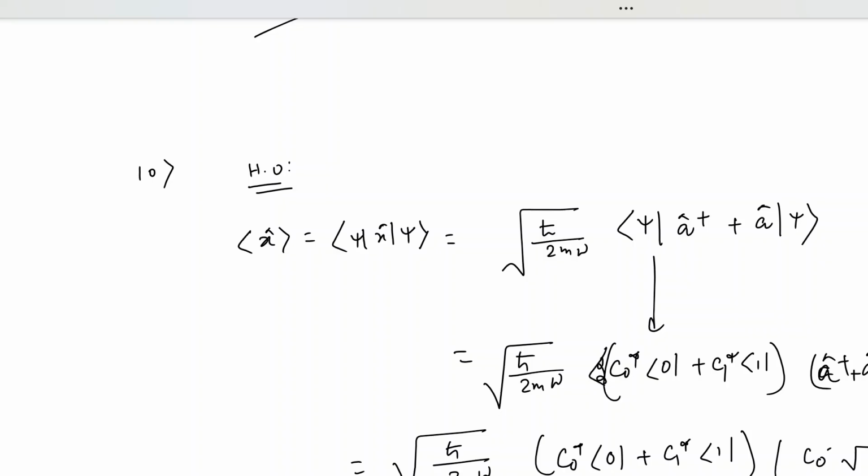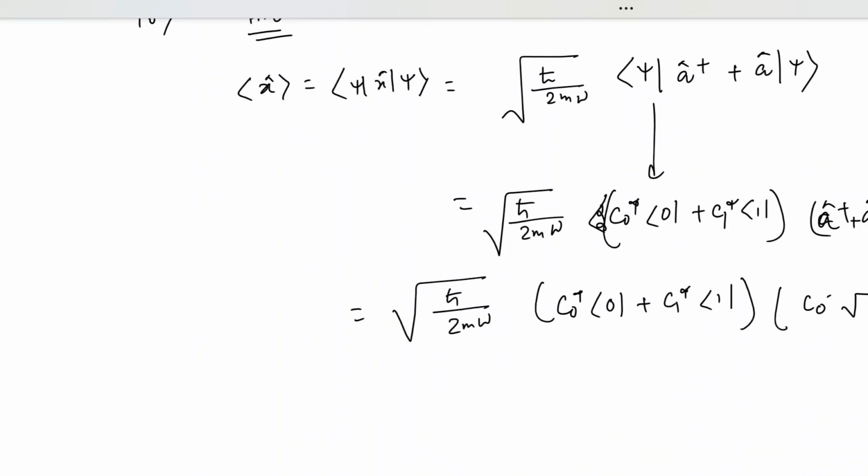a dagger on the |1⟩ ket is root over 1 plus 1, so 2 times the |2⟩ ket, plus a on |0⟩ is 0 because that is the ground state, plus a on c1|1⟩ is c1 root 1 times the |0⟩ ket.